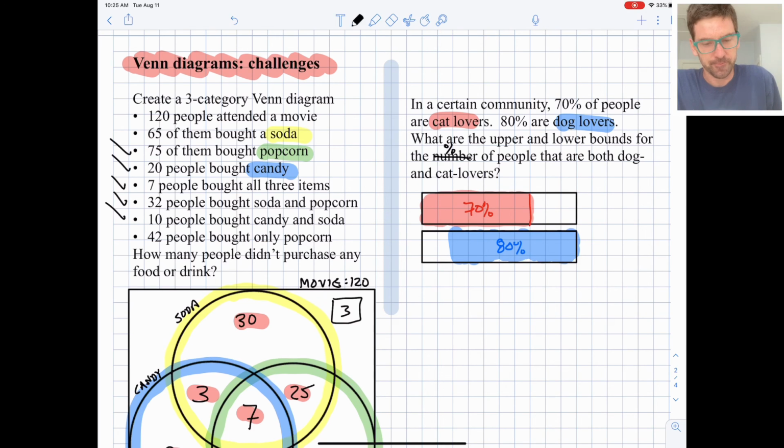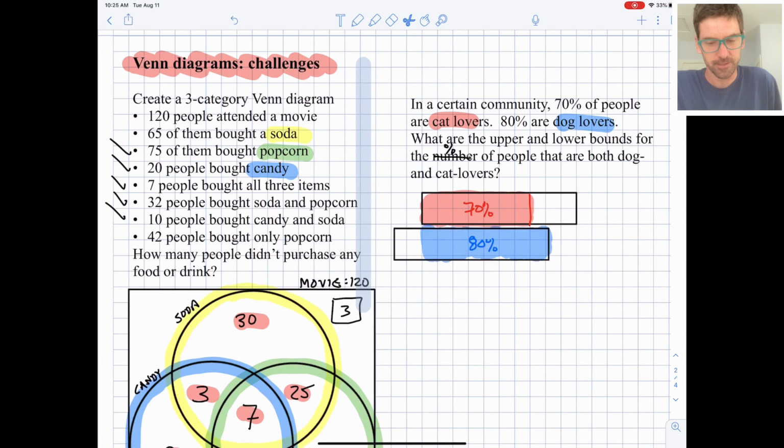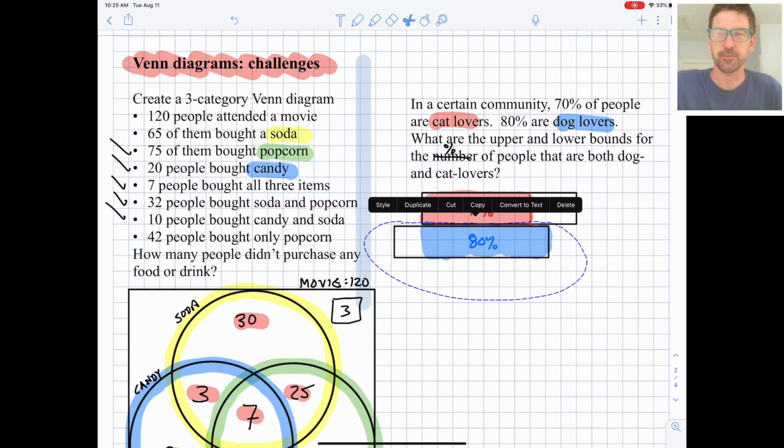We have these 20% of cat lovers who don't like dogs, and these 30% of dog lovers who don't like cats. So we have 50% that like both. But then, however, we can also move this to the left, and then we have a 70% overlap.